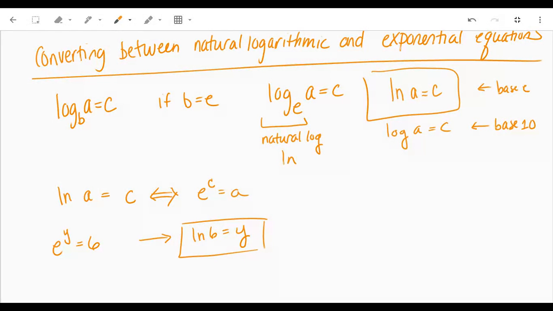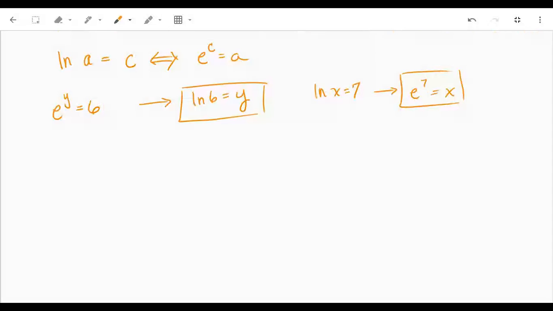The other problem they give me is the natural log of x equals 7, and asks to put it in exponential form. So e to the 7 equals x. All right, let's take a look at another one here. Evaluating logarithmic expressions.